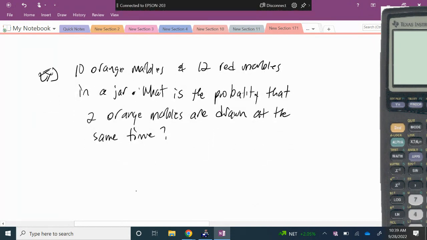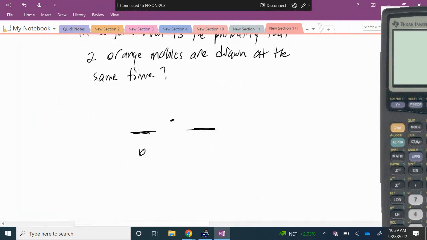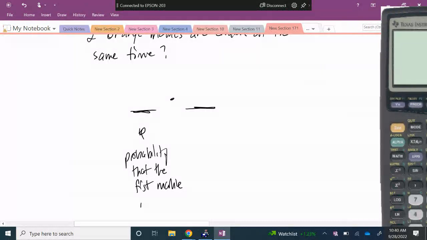All right. So we're going to do this counting principle thing again. What would be the probability, even though we're drawing both of these things at the same time, of drawing an orange marble, that the first marble is orange?